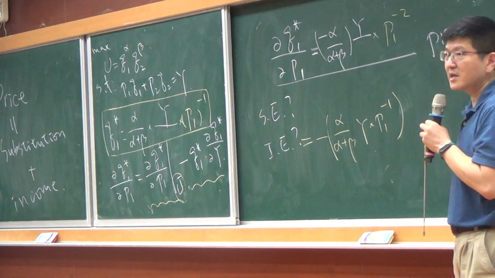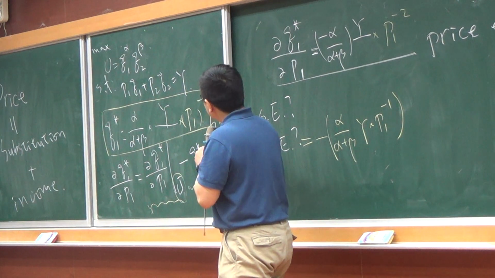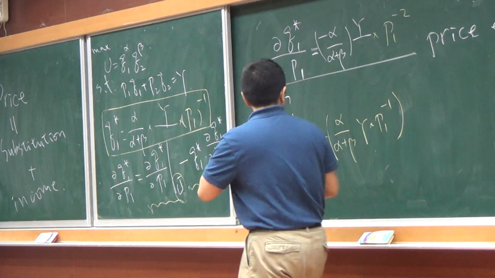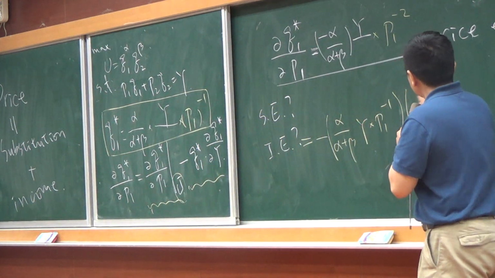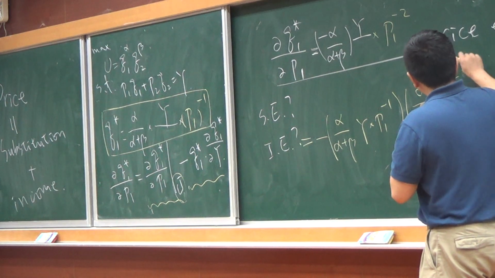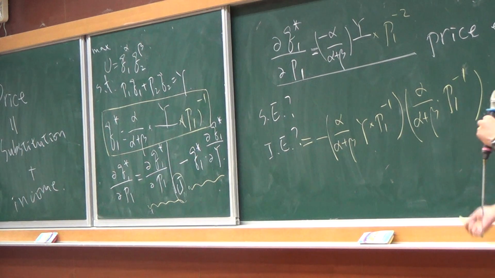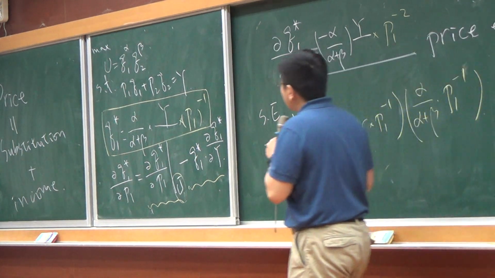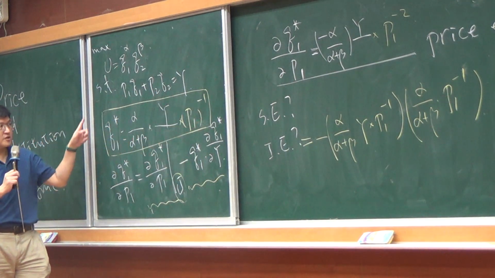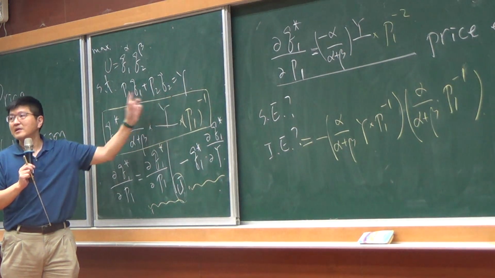This is Q1 star, right? And differentiating Q1 star with respect to Y is easy, because Y is to the power of 1.